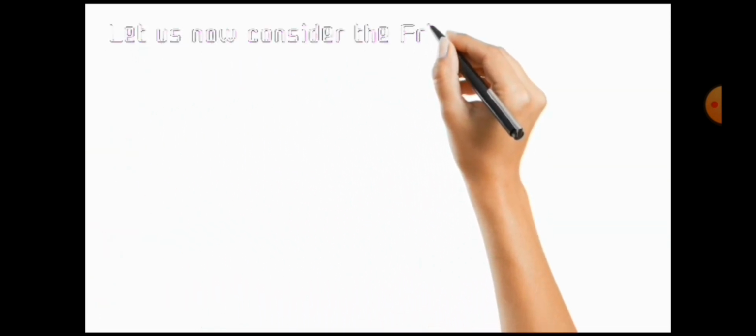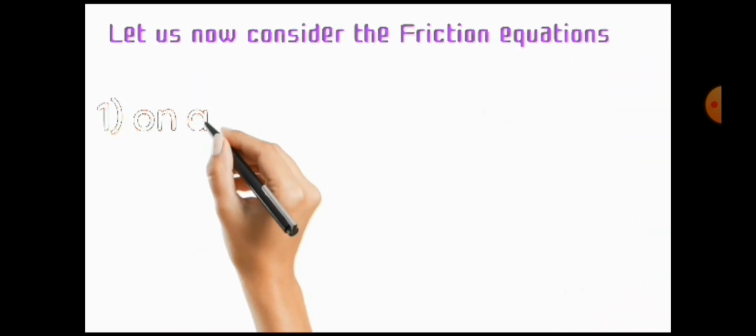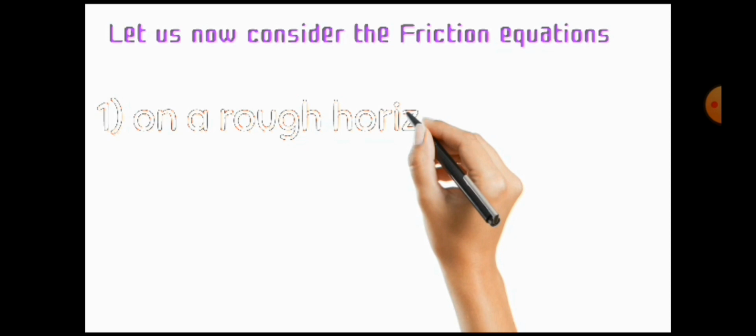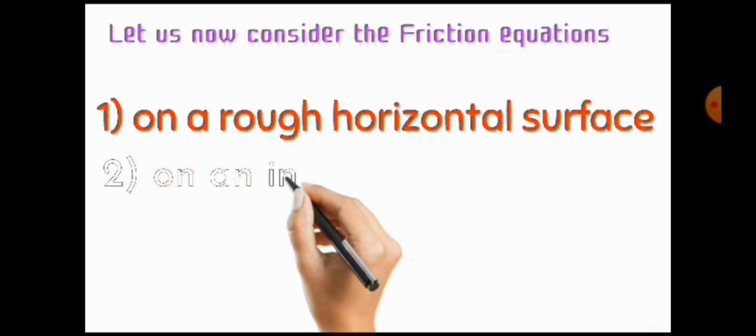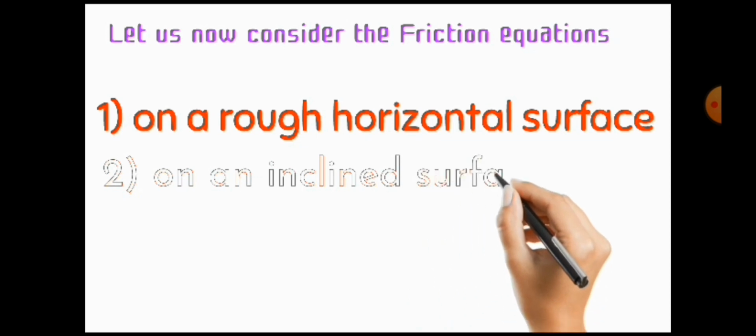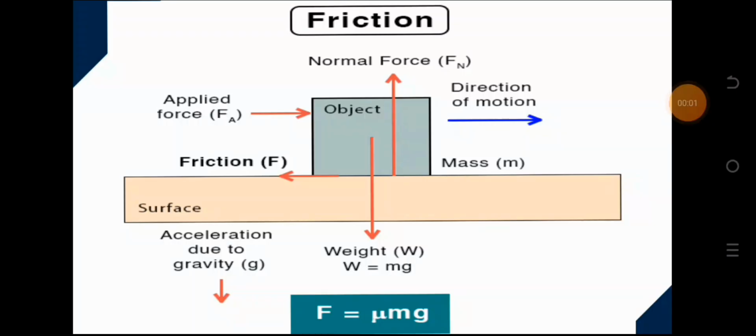So now let us consider the frictional equation. What do I mean by frictional equation? When a body is on a smooth or a rough horizontal surface, there are forces acting on it, so we look at equations for a horizontal surface and also an inclined surface. Here we have a horizontal surface, and let's say we have an object of mass m.